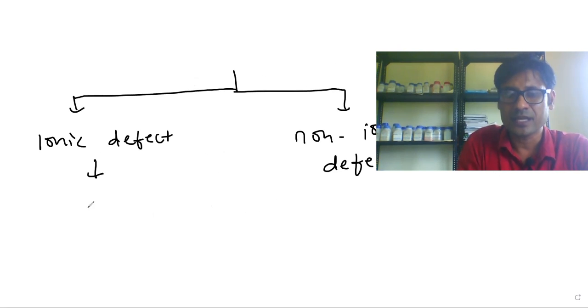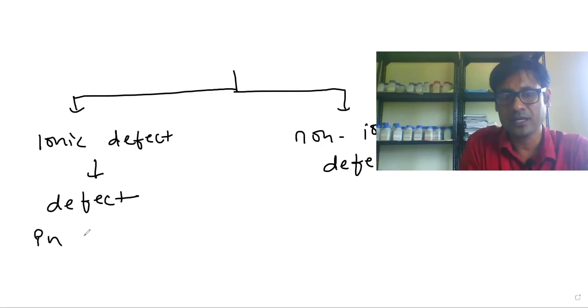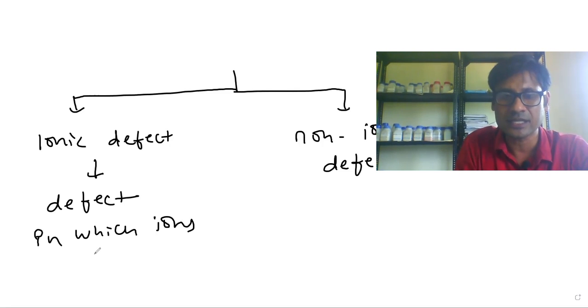Ionic defect means the defect in which ions are involved.